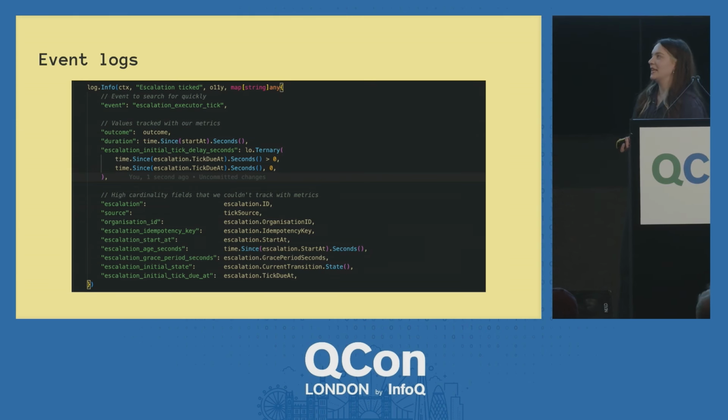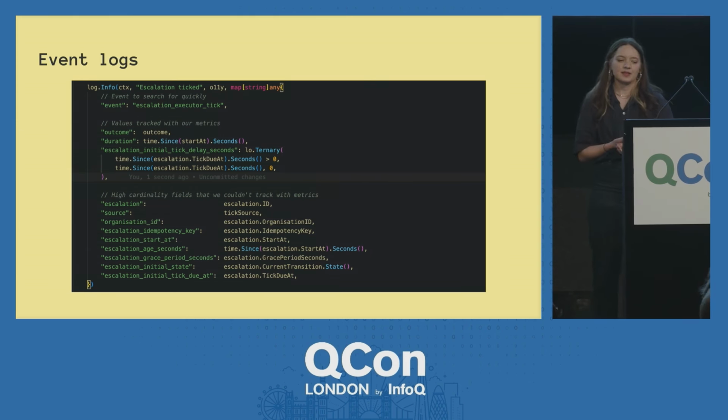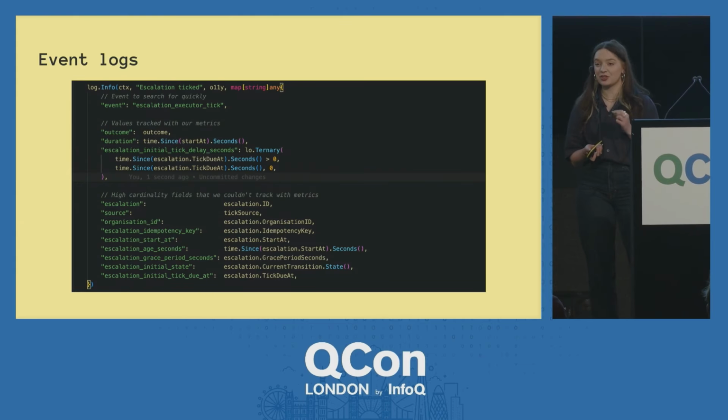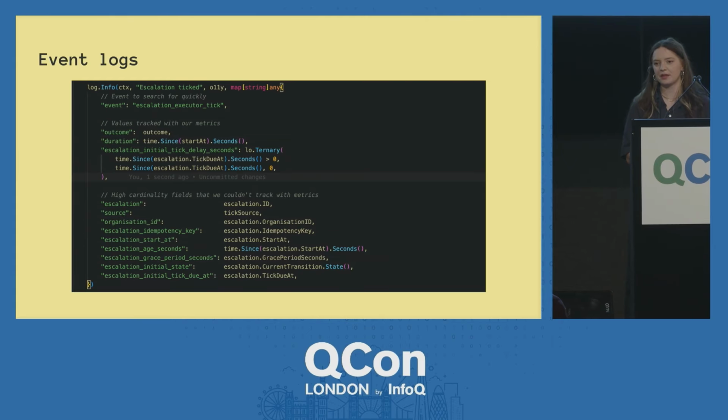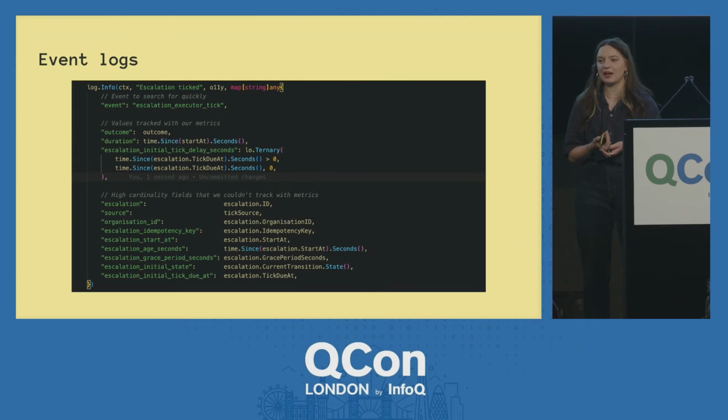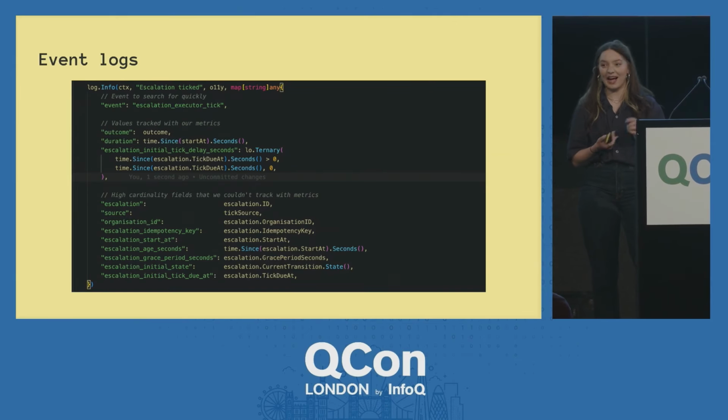And one way we do that is event logs. So every metric that is tracked on an individual request level should have a corresponding log that you can search for. So for us, we do that with event logs or anchor logs. They're also called high cardinality events. They're a pretty common pattern in observability.